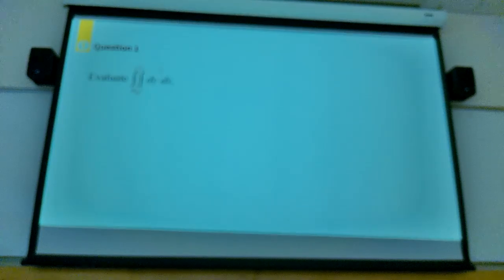But remember, this is what we're doing. Integrate dy over x squared to x.